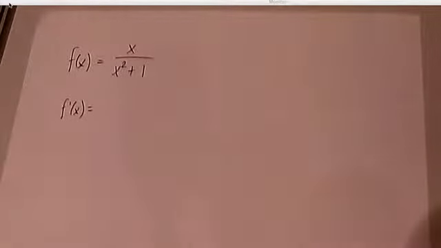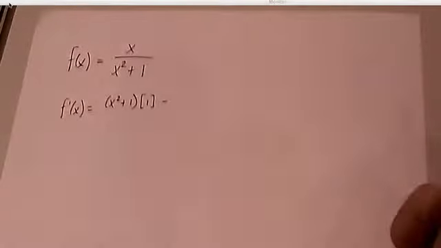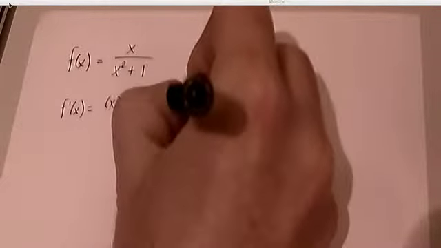Now, I know that f prime of x, okay, I'm going to have to use a quotient rule. The bottom times the derivative of the top minus, okay, the top times the derivative of the bottom, all of that over the bottom squared.